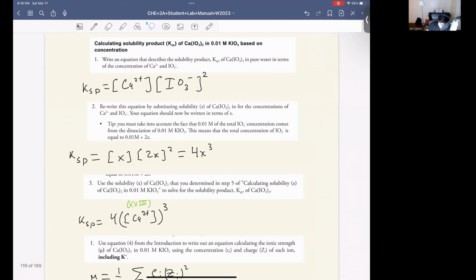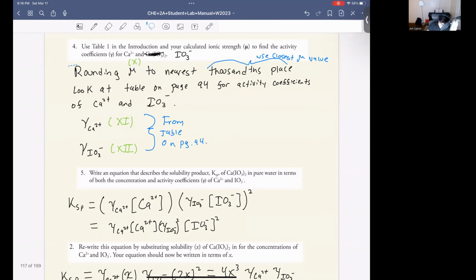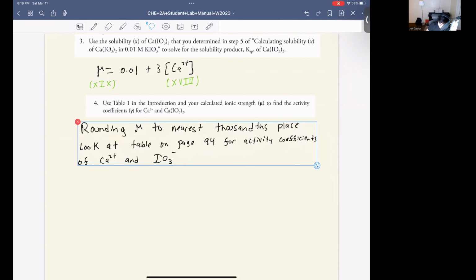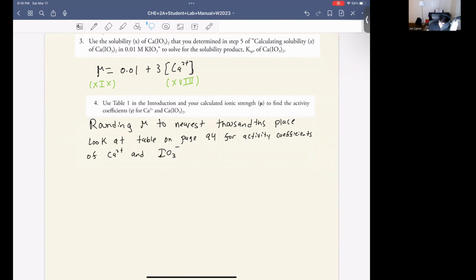I'm just going to copy what I said before. So rounding mu, this mu that we just calculated, to the nearest thousandths place, look at the table on page 94 for the activity coefficients of calcium and iodate.